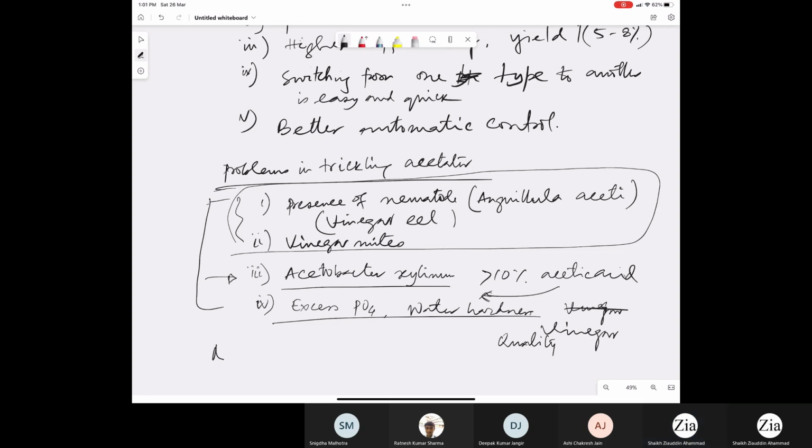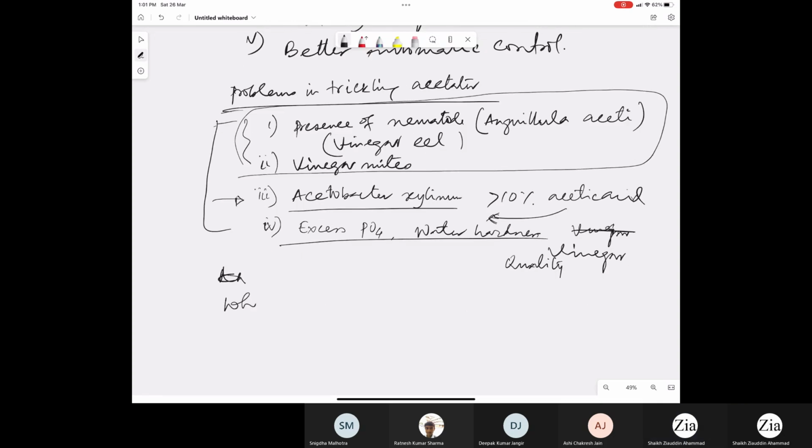So for distilled vinegar, we are just using ethanol.